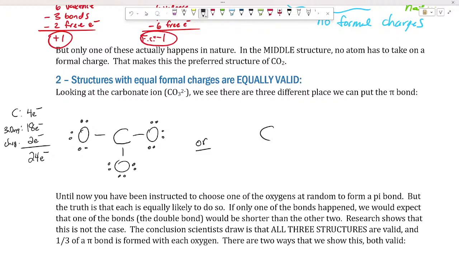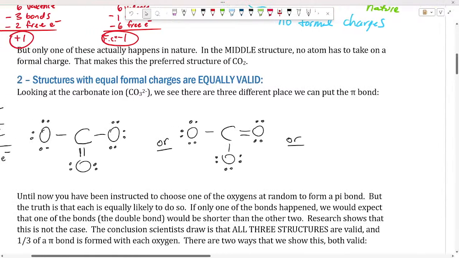Which is maybe the double bond happens down here, right? Or we could get the same structure, but the double bond could happen over here, right? Is that just as valid? Or, where else could it happen? Over here, right?